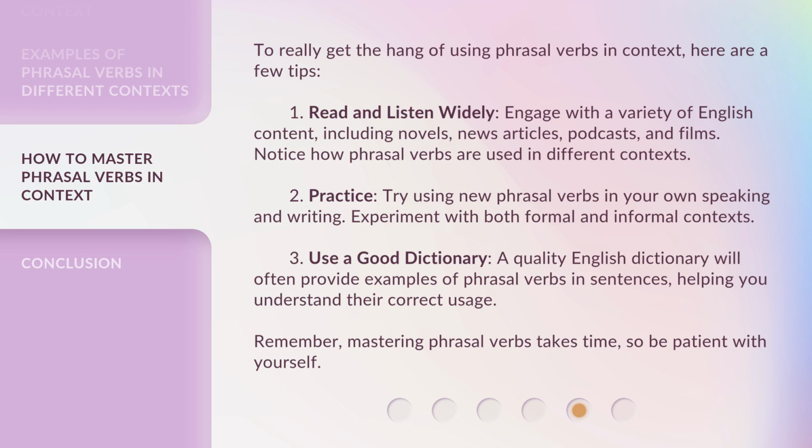Try using new phrasal verbs in your own speaking and writing. Experiment with both formal and informal contexts. Three: use a good dictionary. A quality English dictionary will often provide examples of phrasal verbs in sentences, helping you understand their correct usage. Remember, mastering phrasal verbs takes time, so be patient with yourself.